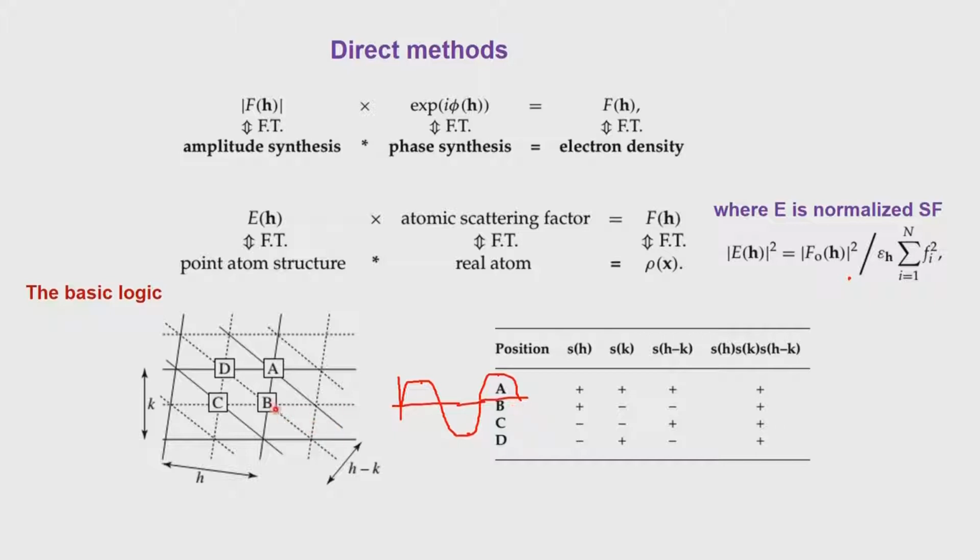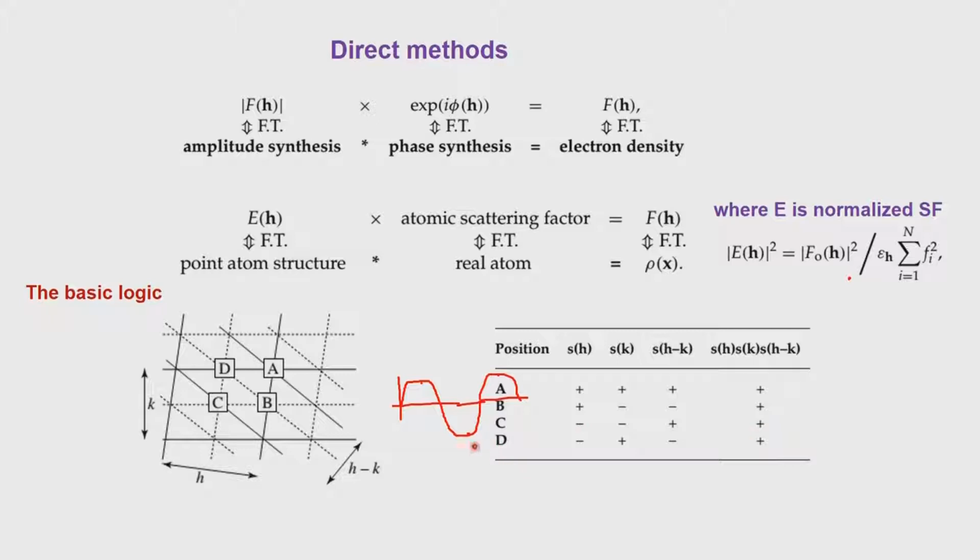So at the B position you see, except for the H, which is positive at B, these two are going to be negative, but the product is still positive. Similarly, in the case of C, you see that the value of L is positive, the other H and K are negative, and so the product is still positive.